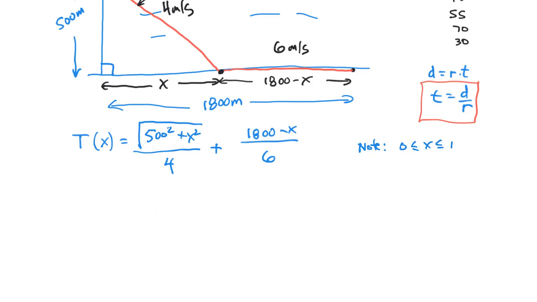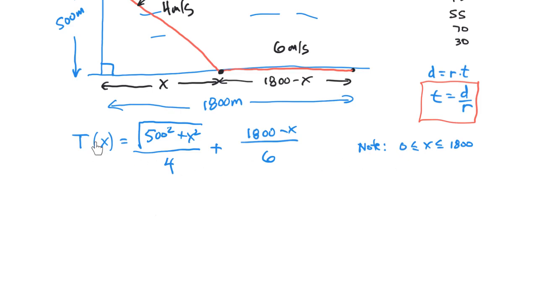X has to be between 0 and 1,800. If x equals 0, that's the extreme case where we swim all the way and then run all the way. When x is 1,800, so this dot goes all the way to here, that would be the extreme case where we swim all the way. So we're going to find out if there's an x in between here.